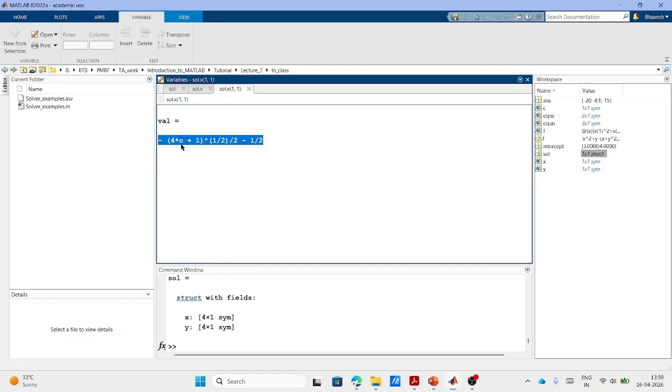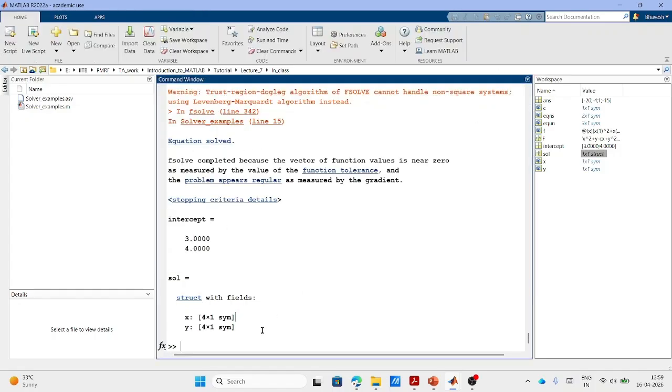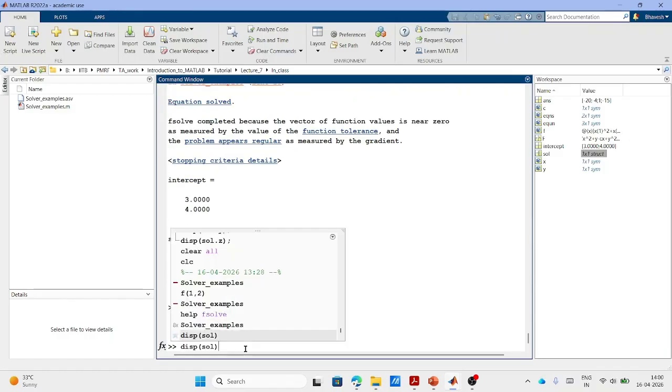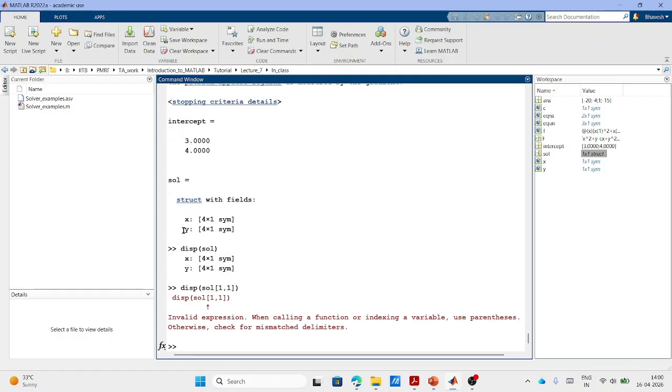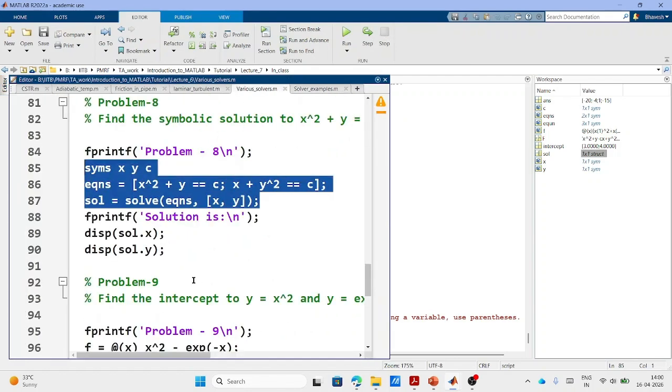Once you know the value of c, you can substitute it into the equation. I can also display the solve output, so I'll write display solve dot x.